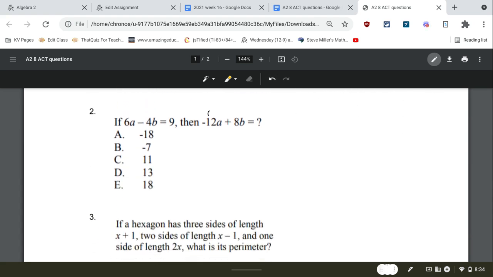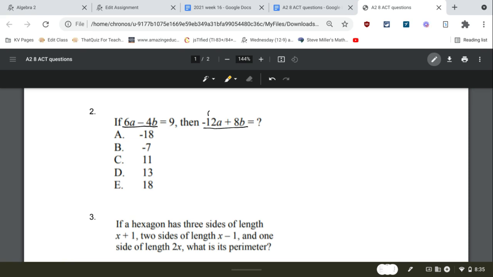Number 2. On this problem, what they intend for you to notice is that the left-hand side of the equations has a relationship. There's a nice relationship between the left-hand side of the equations.